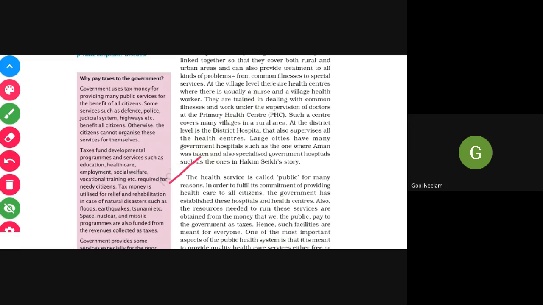For them, the government must provide some quarters, some temporary houses, so that they can stay. And if any person got injured in that water flow, the government has to immediately take them to rehabilitation. Rehabilitation is nothing but taking you back to the former situation.